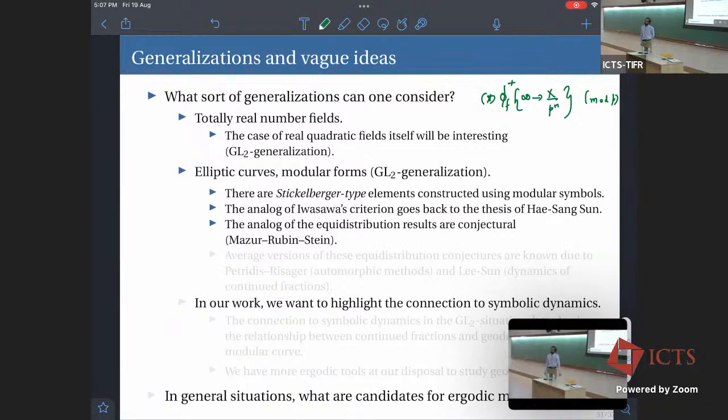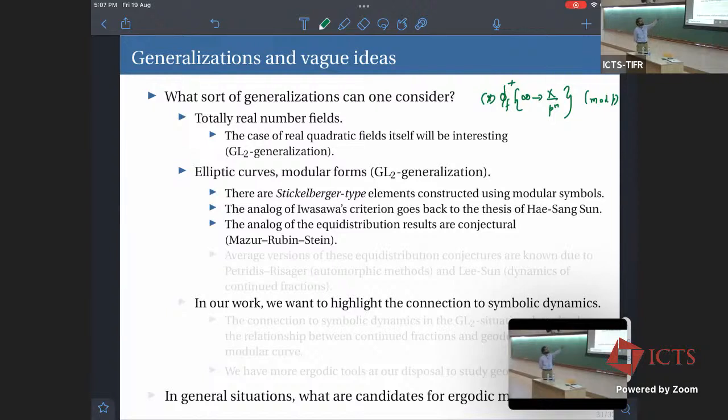It's more precise than this. You fix an n. For me, the denominators are p to the n, but they work with any denominator. You look at all rationals x over n, where x and n are coprime, and you ask this question.